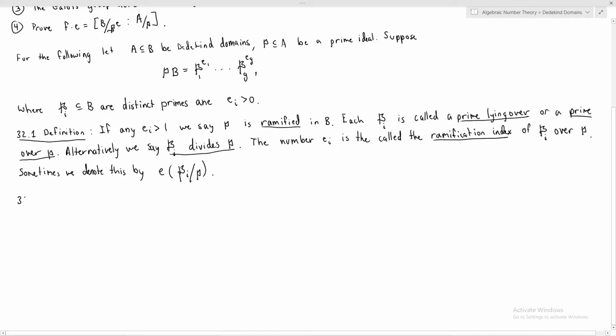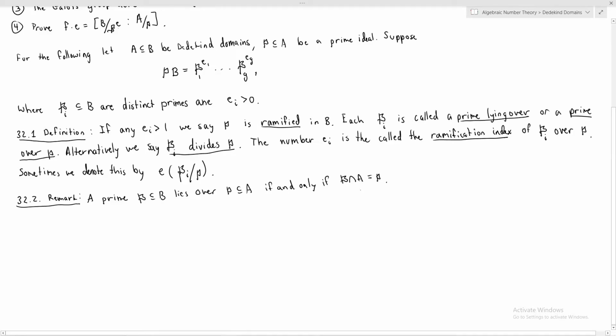First, let me make the following remark: a prime big P in B lies over a little prime p in A if and only if P intersect A is little p.